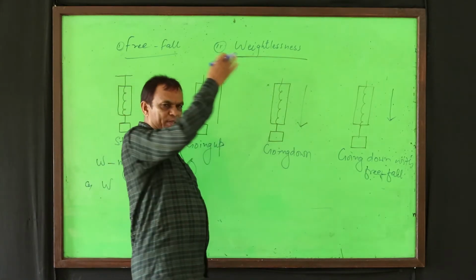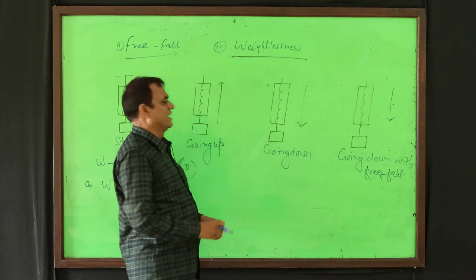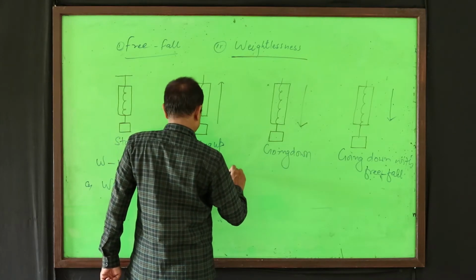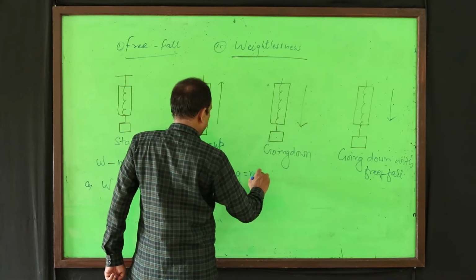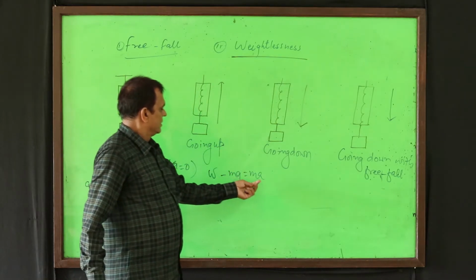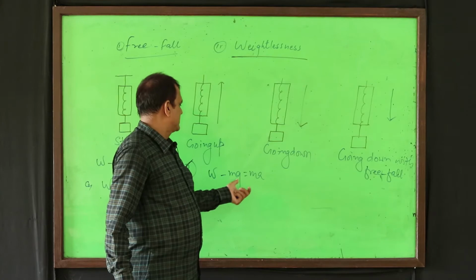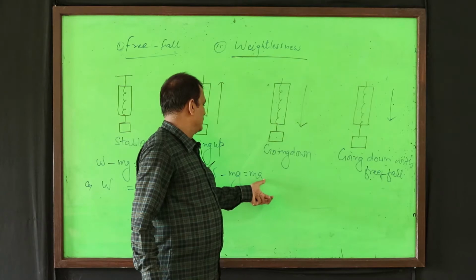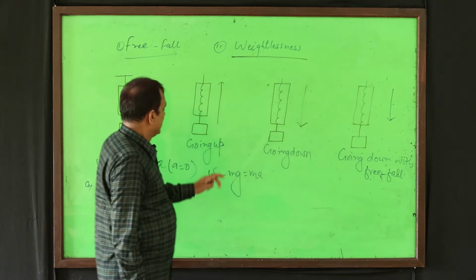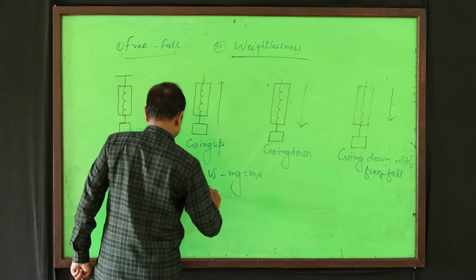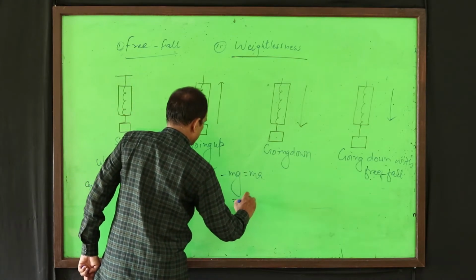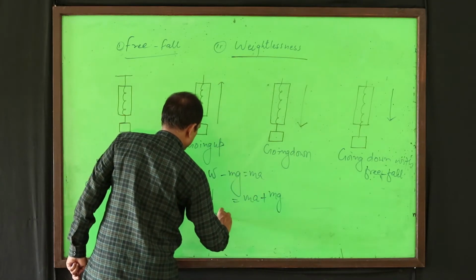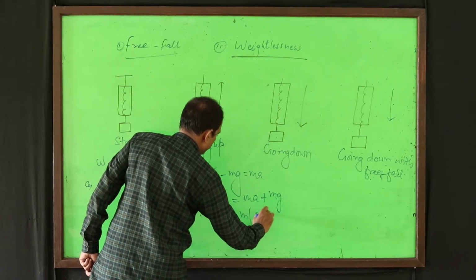If the body is going up with acceleration, then W minus mg equal to ma. In this case, a is not 0; a has some value. At that time, W equal to ma plus mg, therefore W equal to m into (a plus g).